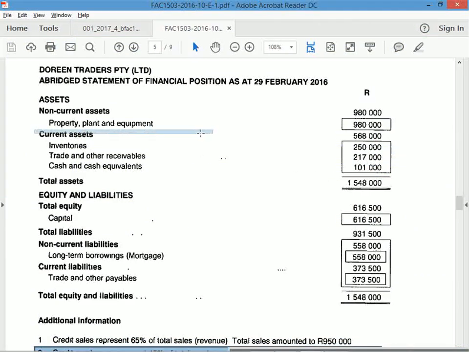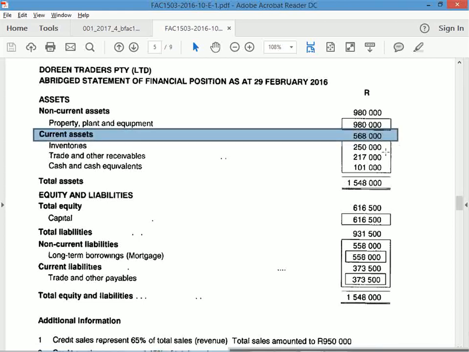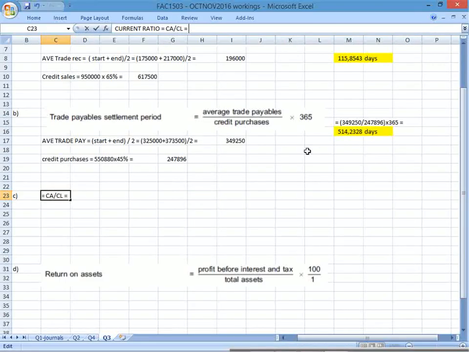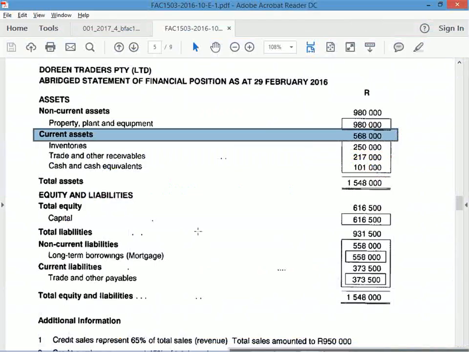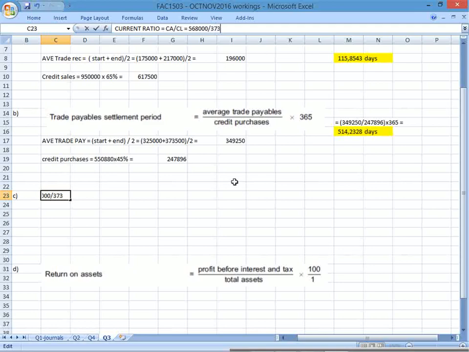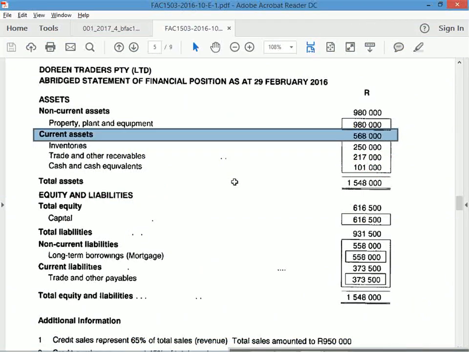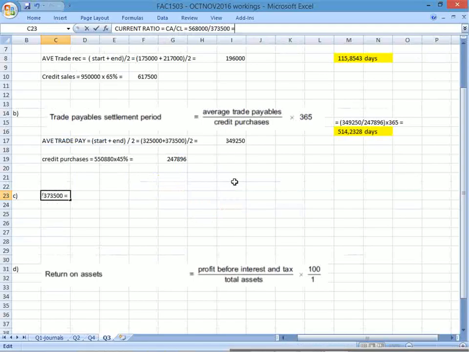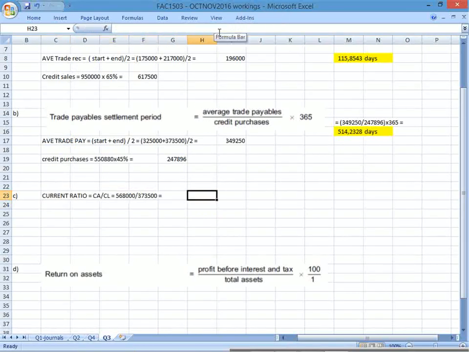That's better. I don't want the total. I want that one. Okay, 568. Divide by current liabilities. Yeah, 373,800,500. Okay, there we go, that's it. Right, so if I take numerator, denominator, I get 1.52. There's the answer, current ratio.